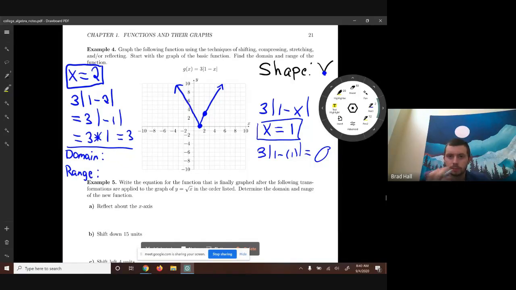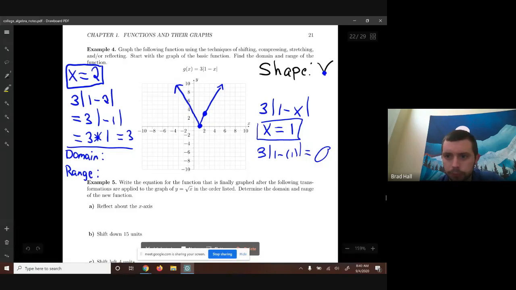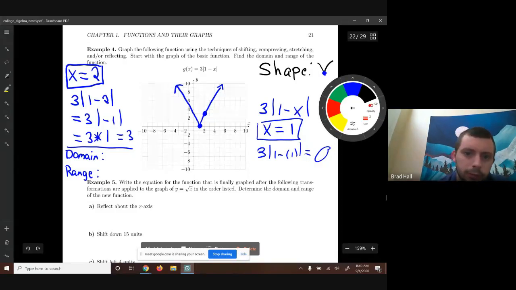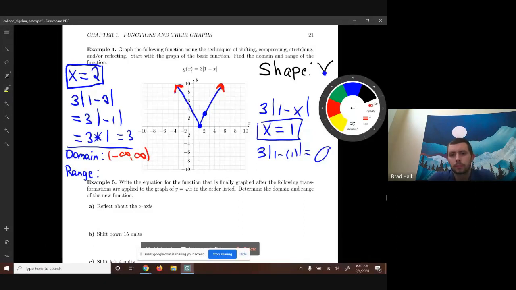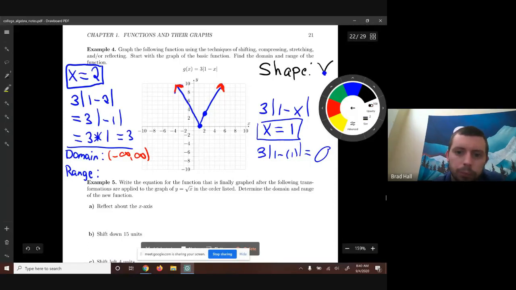The domain is left to right, and it deals with the x values. The furthest to the left is this arrow, and the furthest to the right is this arrow. Naturally, that's all real numbers. The range starts at this lowest point here, where that point is (1, 0).